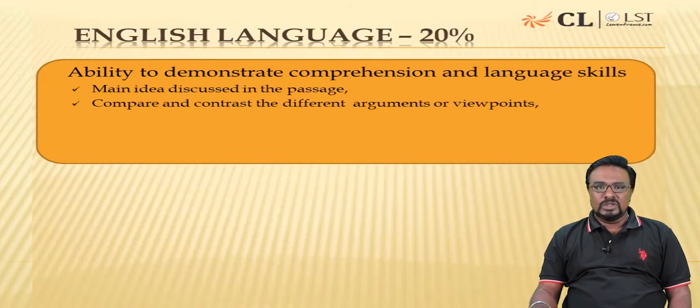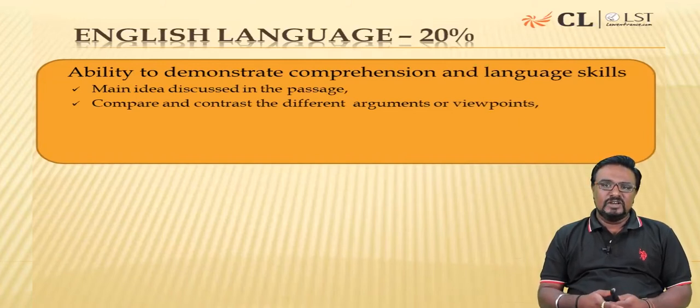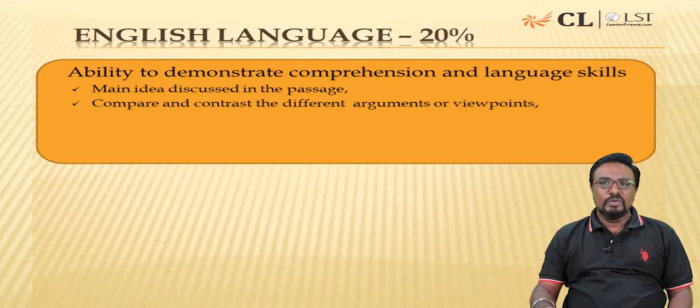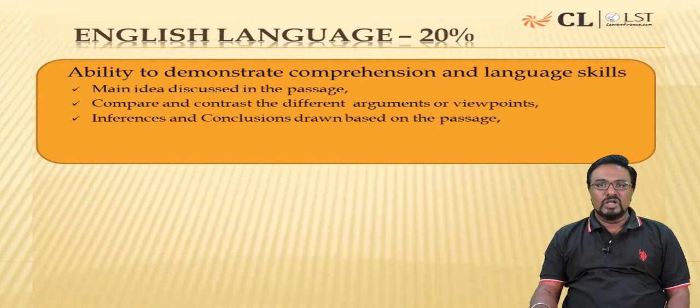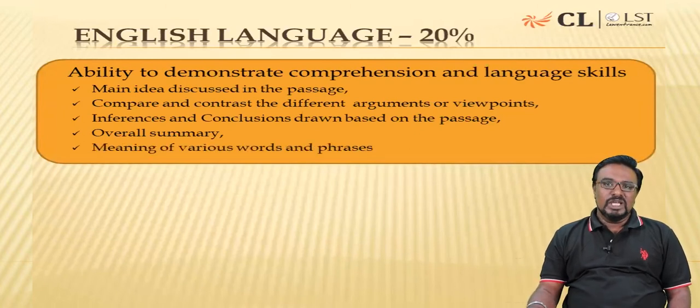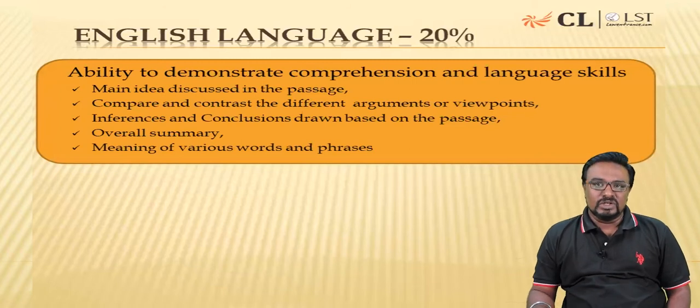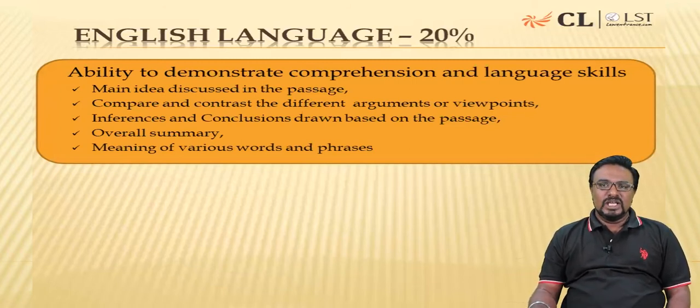The examiner might test you to compare and contrast the different arguments and viewpoints expressed in the passage, the inferences and conclusions that can be drawn, and the overall summary of the passage and how well you can summarize it. Meanings of different words, vocabulary, is also something they would test. So majorly in the English section, these would be the types of questions, and this is exactly what the consortium or the board wants to test.